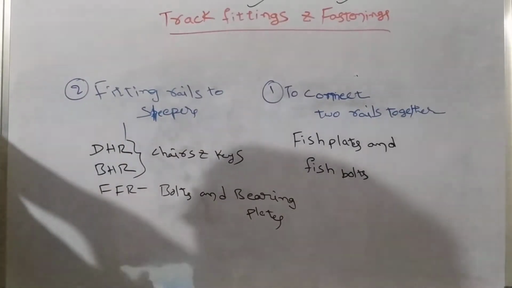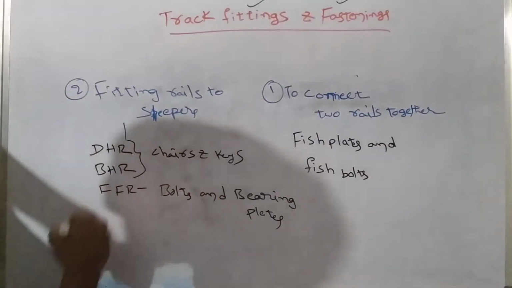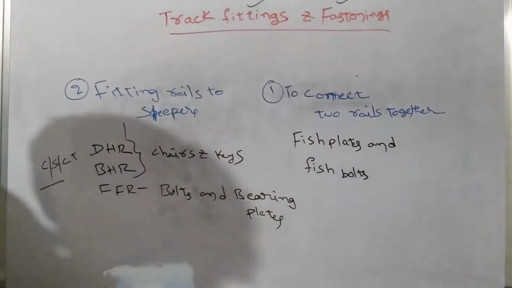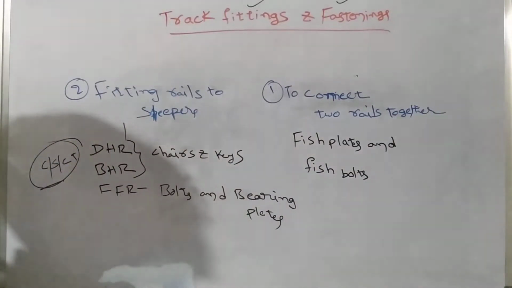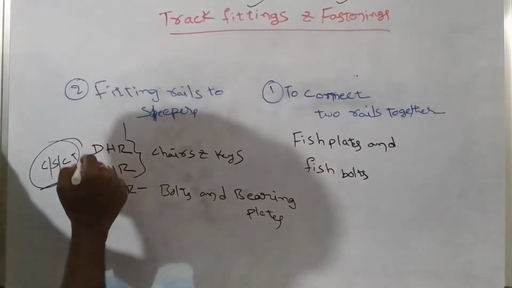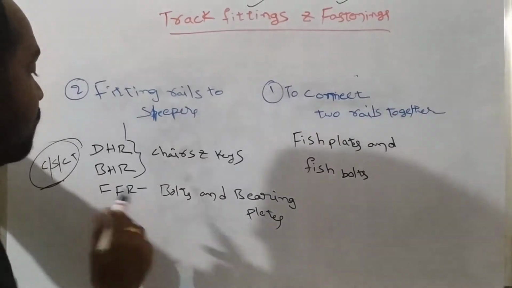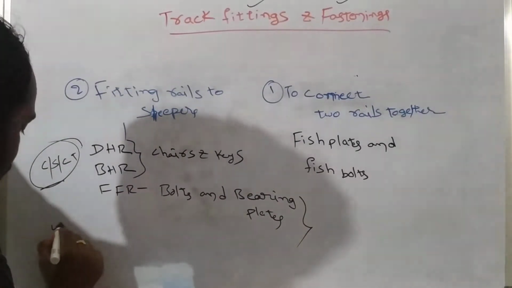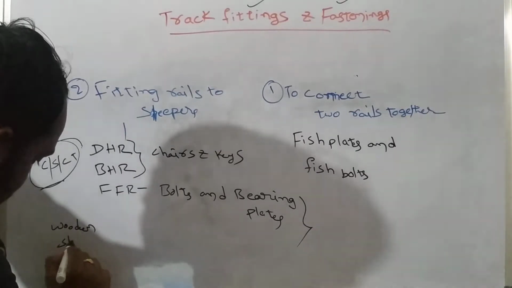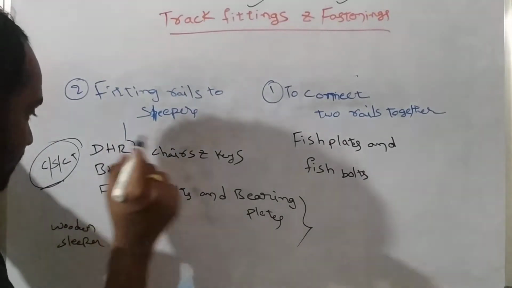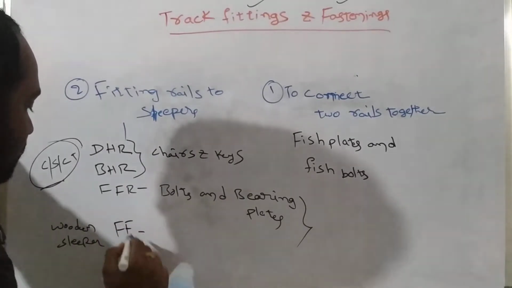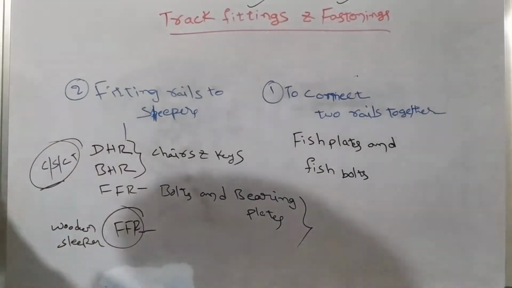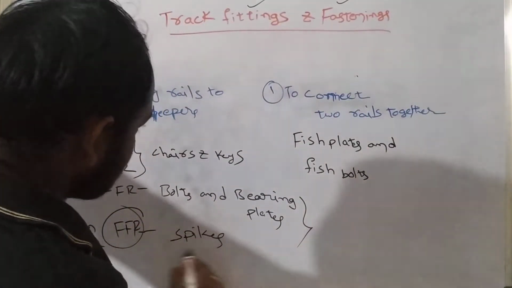Whenever we need to connect rails to concrete, steel, or cast iron sleepers, we can use chairs and keys for double-headed or bull-headed rails, and bearing plates and bolts for flat-footed rails. And coming to wooden sleepers, when we need to connect flat-footed rails to wooden sleepers, we will use spikes.